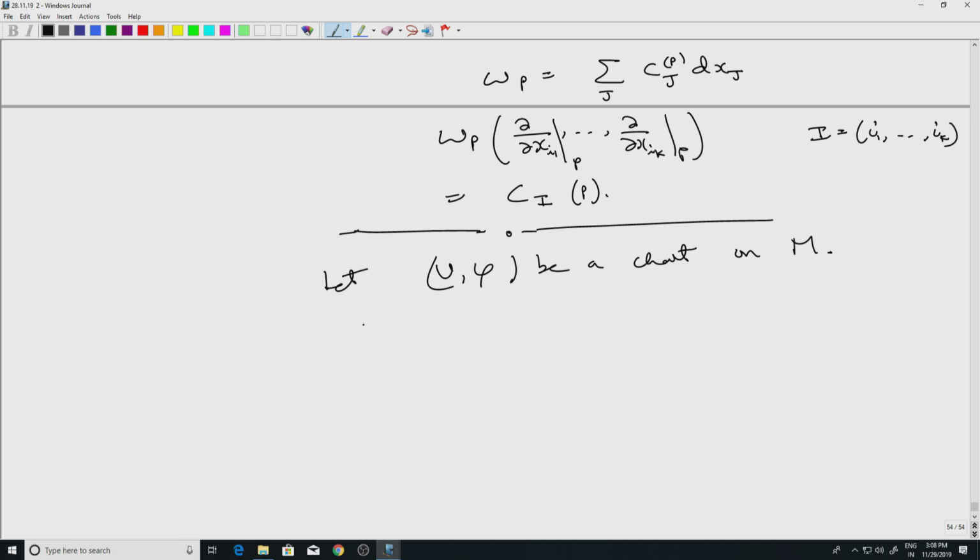We called these the coordinate vector fields, and similarly we can do the same thing for forms.